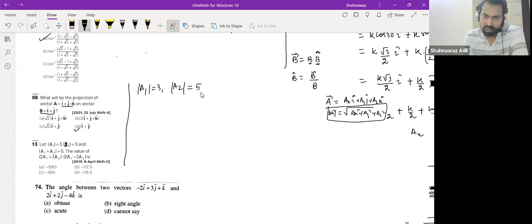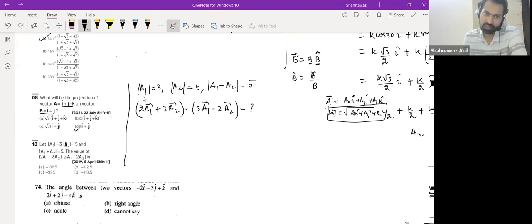And A1 plus A2 is given. This is also 5. Then we want to calculate what is 2A1 plus 3A2 dot 3A1 minus 2A2. Okay, this we want to calculate. This is given and this we want to calculate.